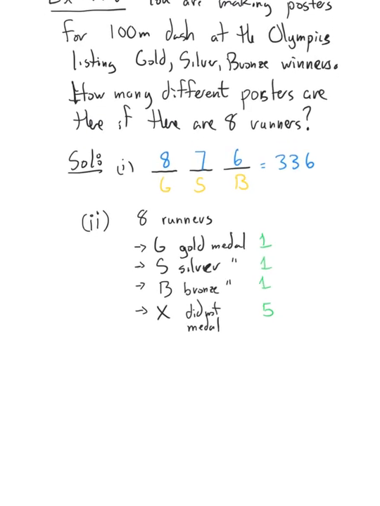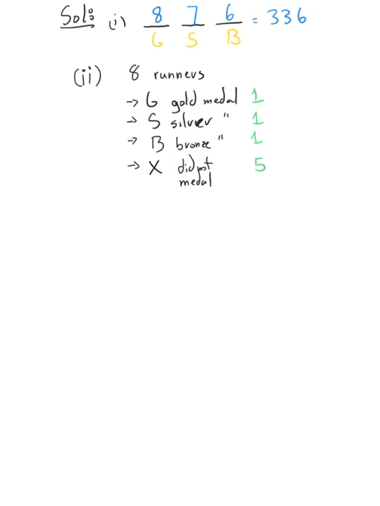So let's scroll down, make a little bit of room. So again, we don't need to do this every time, but I'm just going to do it as an example just to make sure we understand what's going on. So let's say I had a word that looked like this: X, X, B, X, S, G, X, X. Well, this tells me that runner 6 won the gold medal, runner 5 won the silver medal, and runner 3 won the bronze medal, and the other 5 runners did not win a medal.